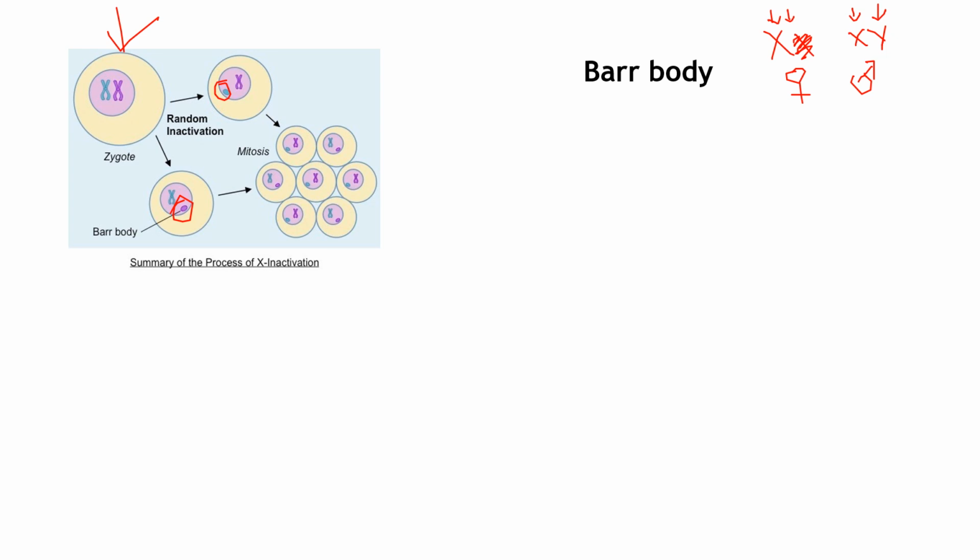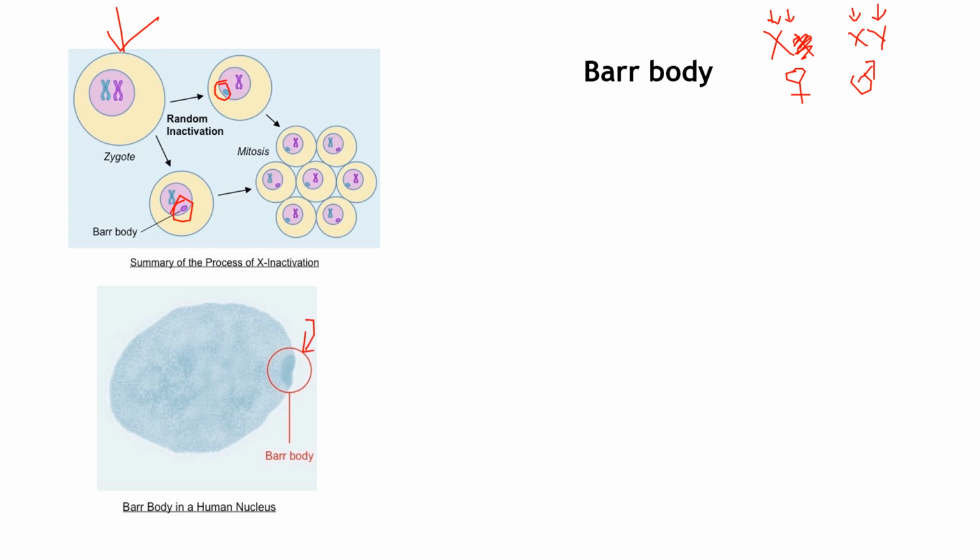So in this case, the blue chromosome gets inactive, while in other cells the purple chromosome gets inactive. This is what happens during development, in the nucleus, and then the staining will look like this. So definitely, the bar body was not the answer.